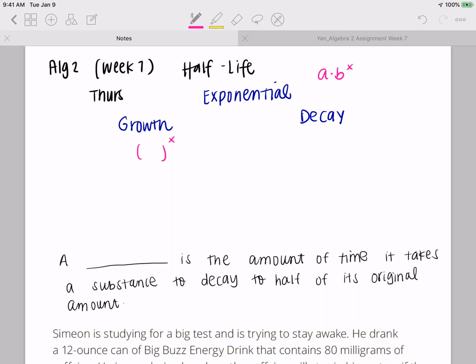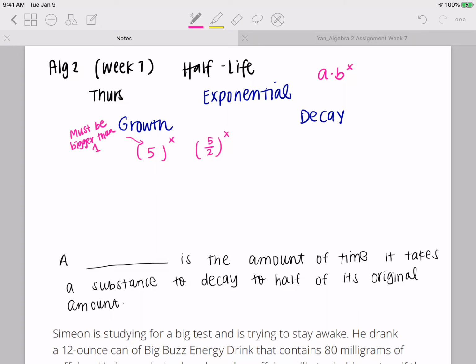So that number must be bigger than 1. For example, it can be a 5 in here, or it can be 5 over 2 to the x power, because 5 over 2 is really 2.5, right?